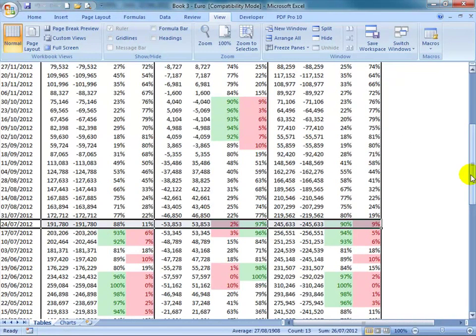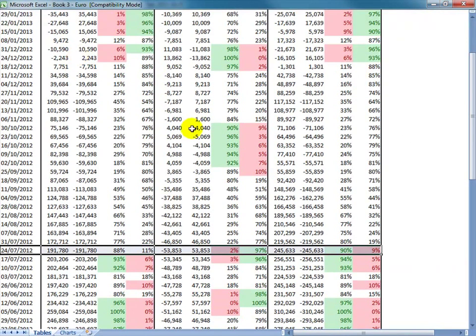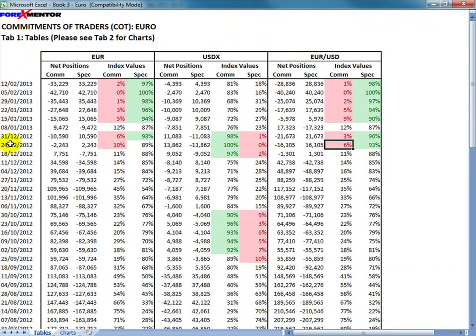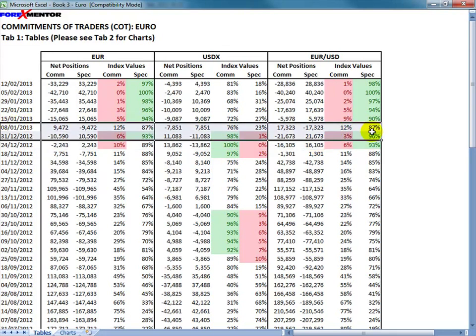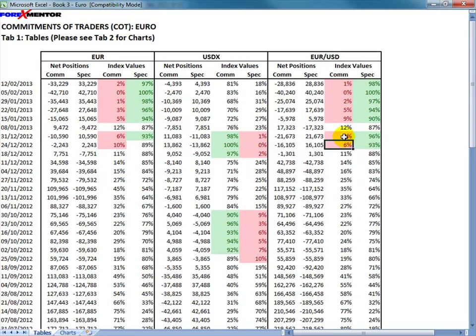Now if I just pull the spreadsheet back up, we started getting bearish signals as early as right here, December 24th, and as it turns out, that was too early because, with the exception of only one weekly reading, January 8th, we kept seeing week over week bearish signals.